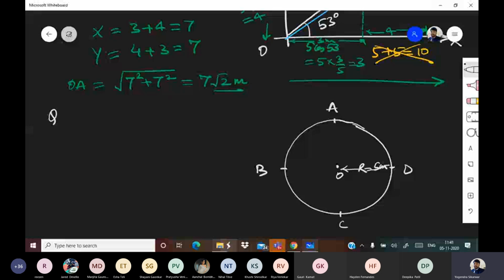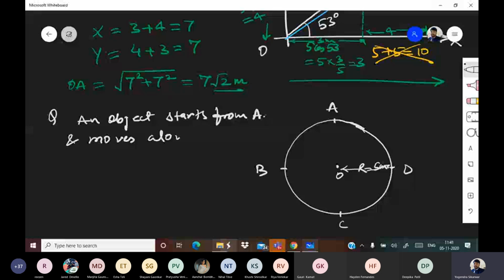So an object starts from A and moves along BCD.